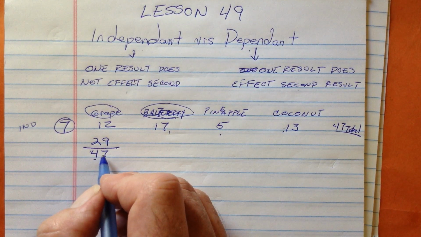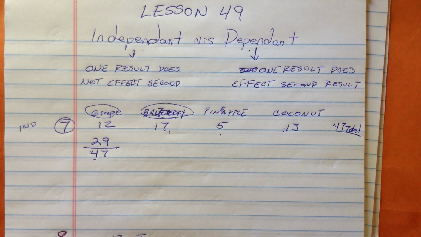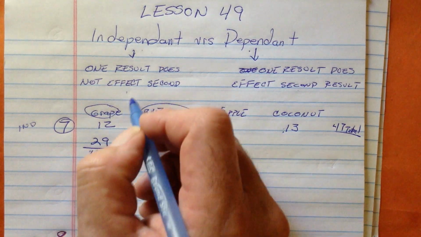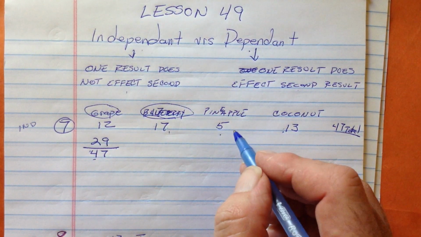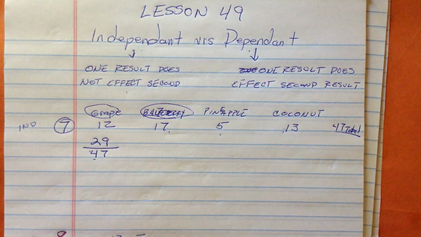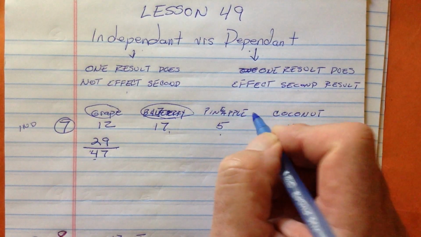Then I pull one out, but I put it back in, and the second time I'm going to try to see if I pull a pineapple or a coconut. So this would be the second drawing.